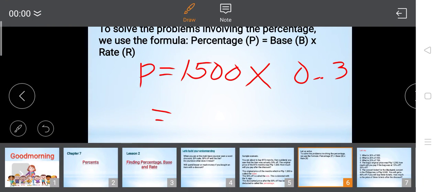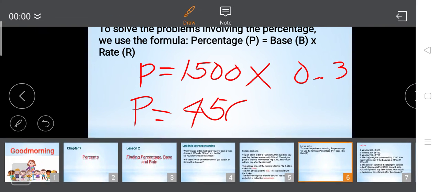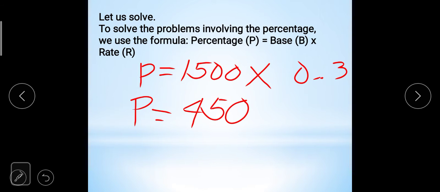So that means if the P is 450, we are going to deduct 450 from 1,500 to get the amount na babayaran na lang for the BTS merch.